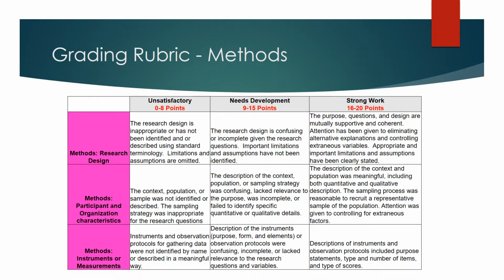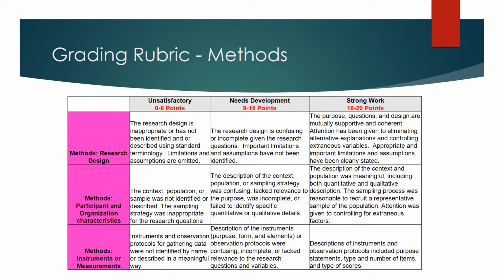So starting with the research design, in order to earn 16 to 20 points, which constitutes strong work, the purpose, questions, and design are supportive and coherent. Attention has been given to eliminating alternative explanations and controlling for extraneous variables. Appropriate and important limitations and assumptions have been clearly stated.